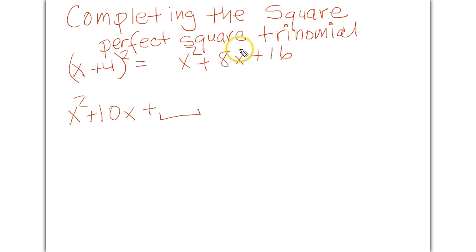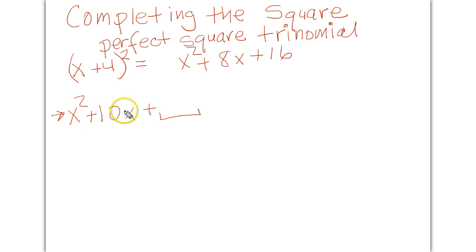Now, this is a good little tool for a number of things we do in algebra. Suppose they gave you this example here, and they said, using this as a base, complete the square.